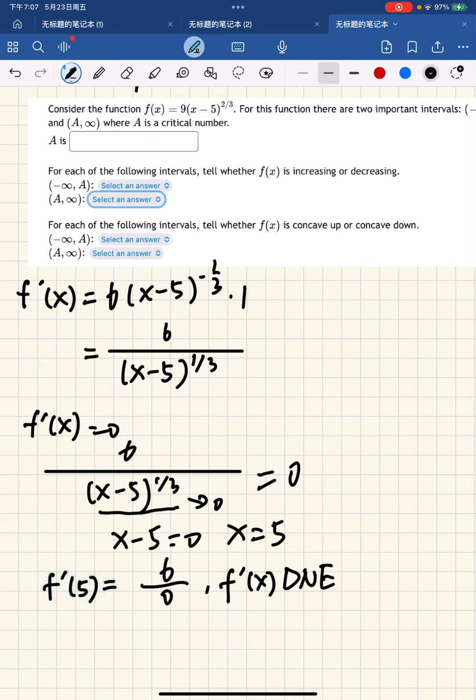So this is just proof that x equals to 5 is the critical point. So we already know the A. So the A will be 5.